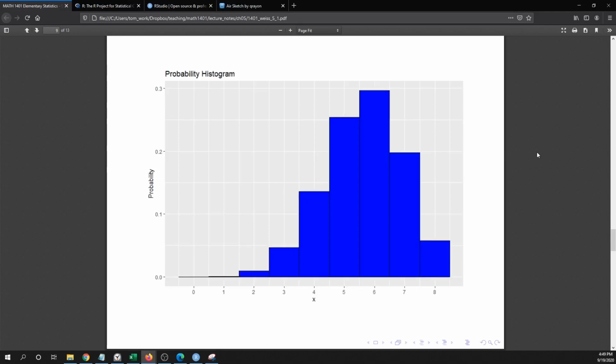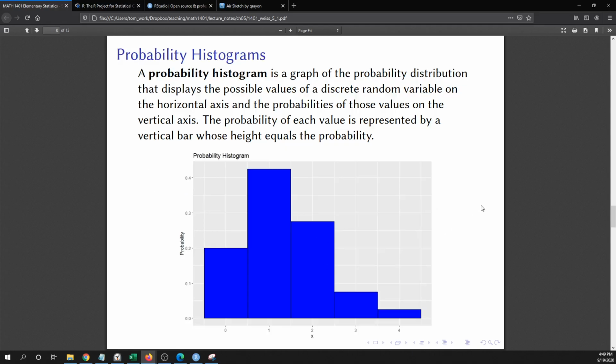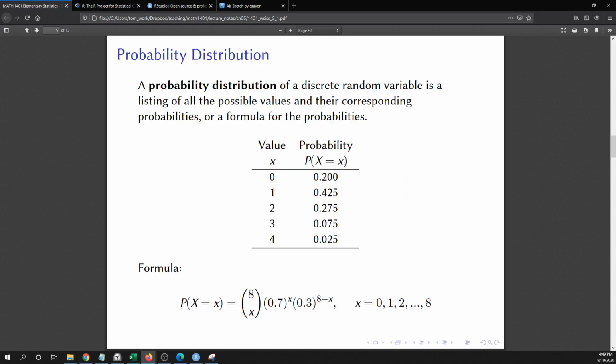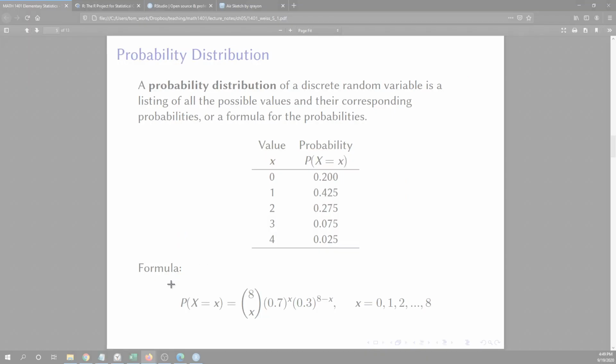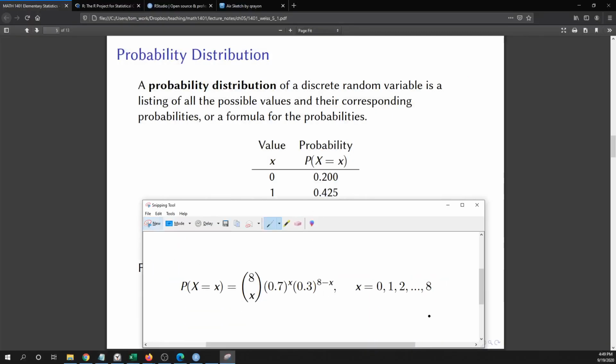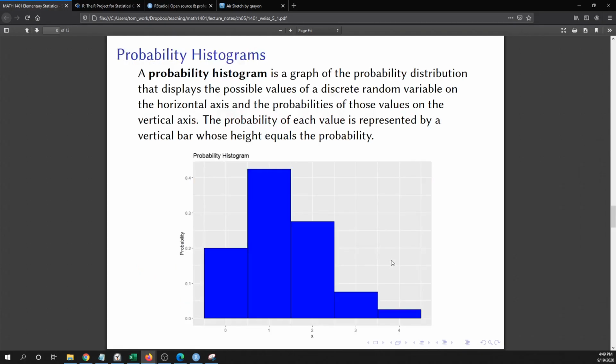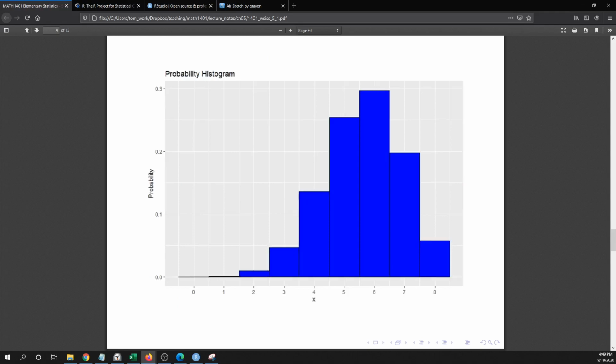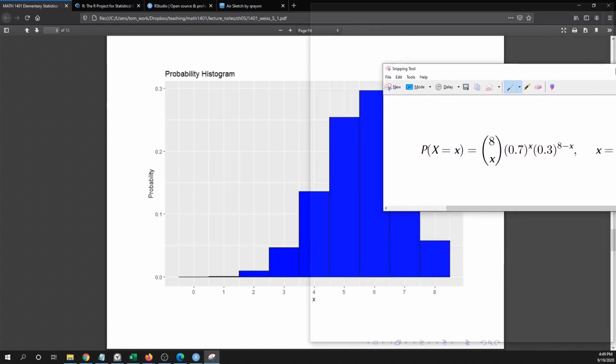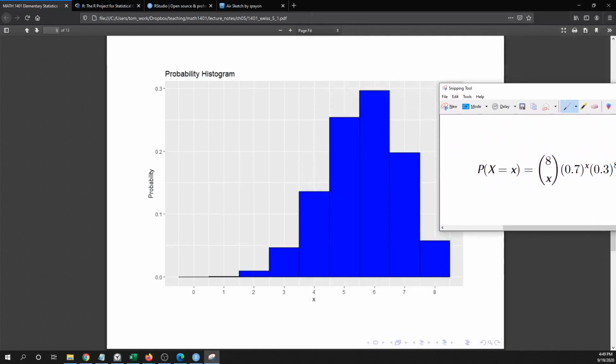Here's another example. This one is actually the probability histogram for that formula that I showed you before. It's the probability distribution for this formula right here.